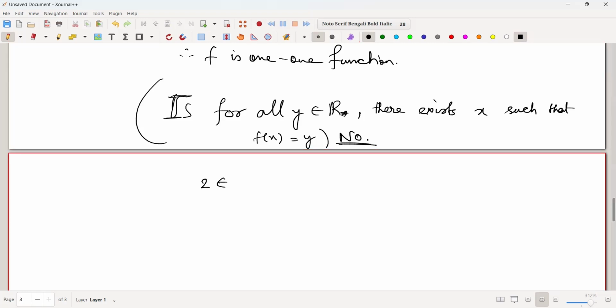So 2 belongs to R star. For 2 belonging to R star, one example is enough. We don't have to give another example. If for any y belonging to R star, there does not exist an x such that f(x) equals y, then it is not onto.